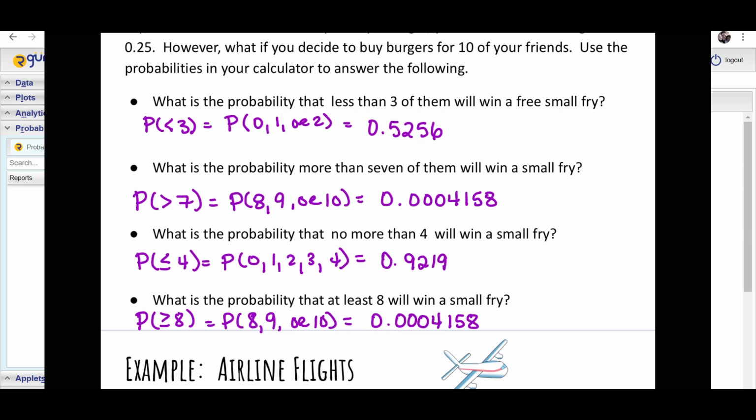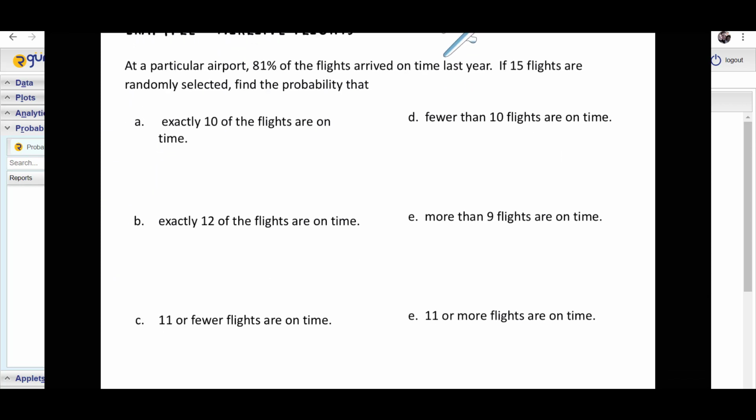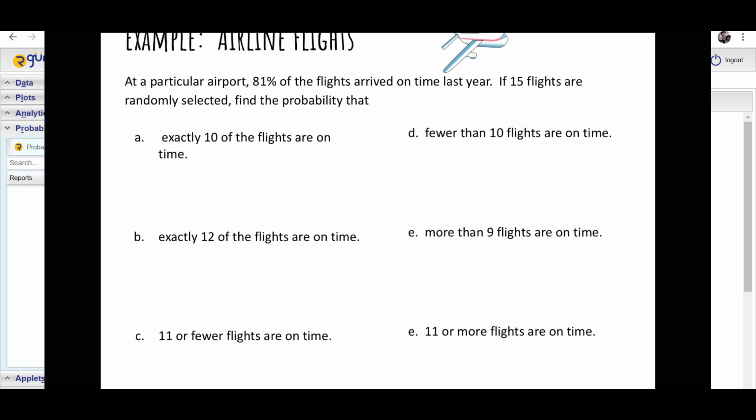All right, so moving on to the next example. This is airline flights. At a particular airport, 81% of the flights arrived on time last year. If 15 flights are randomly selected, find the probability that, and I give several probabilities that you need to find.